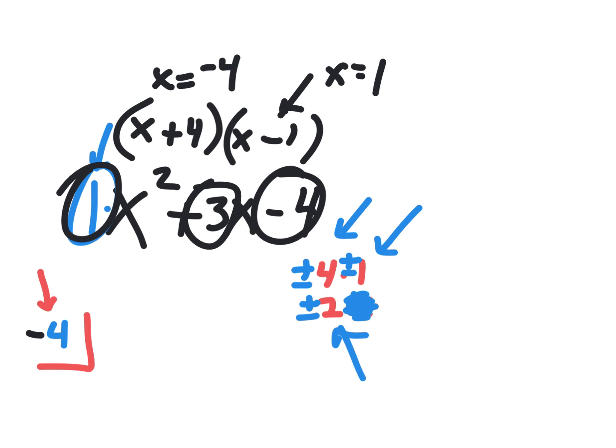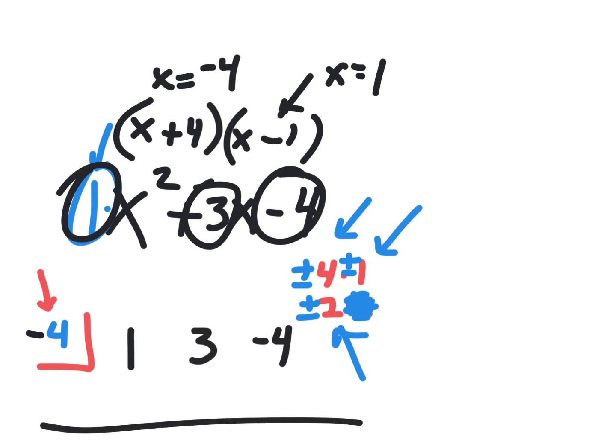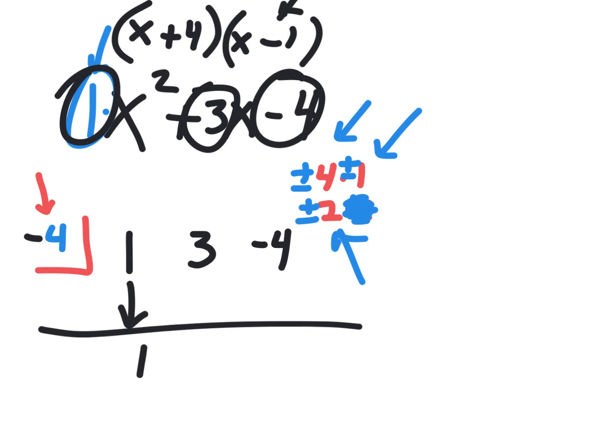No, let's start with a nice easy one. 1, 3, negative 4, draw the line. Drop it like it's hot, multiply, add, multiply. Cool, it worked. That's my remainder. You get a remainder of 0, you can pretty much know you were right.